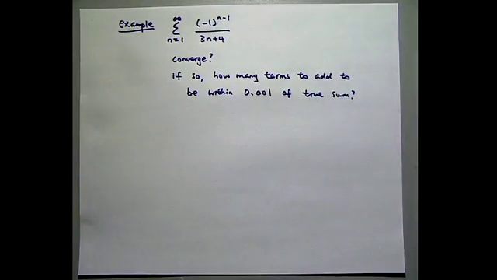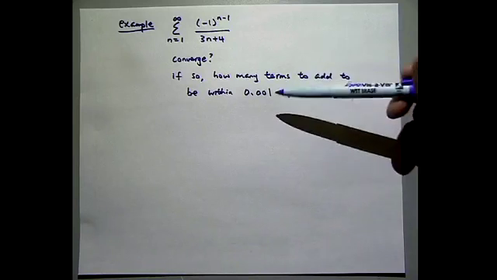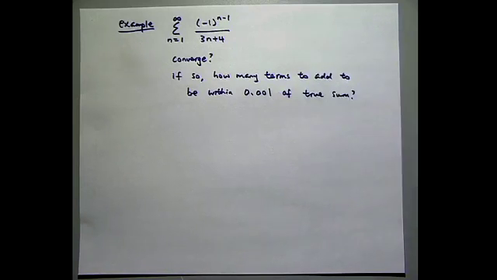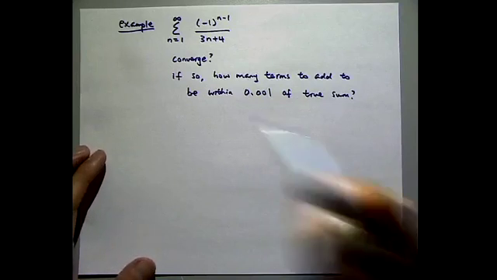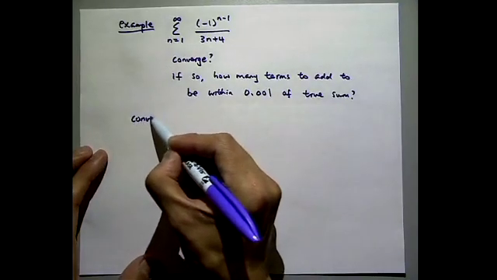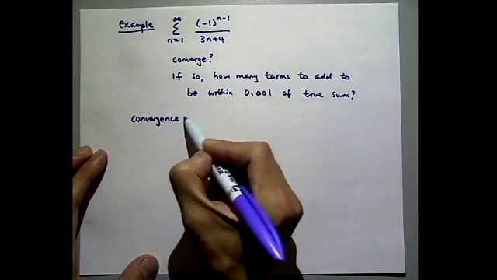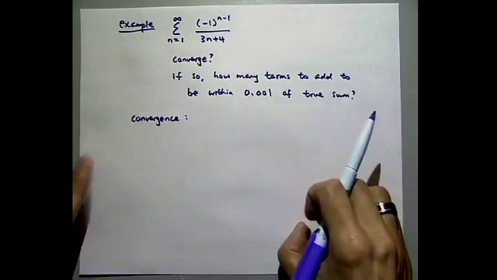First question is, does this thing converge? If so, then let's find out how many terms we need to add to be within a certain accuracy that we want to have. And this time we'll go with 0.001. So let's check convergence first.